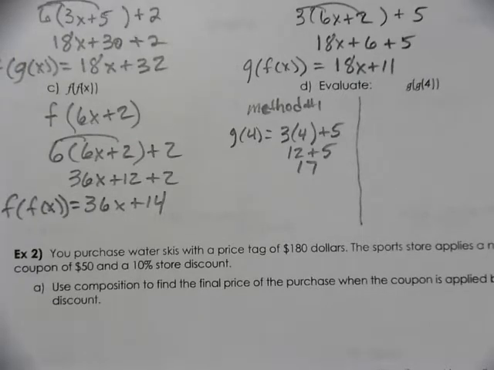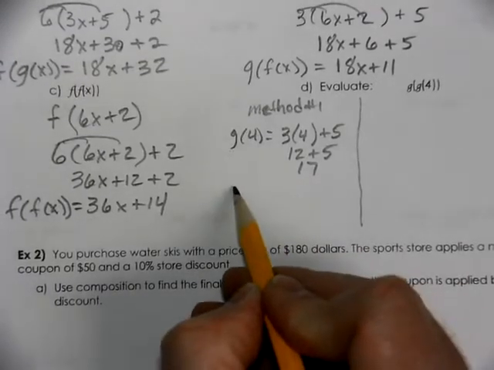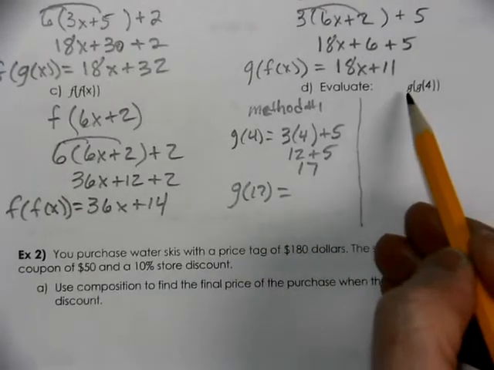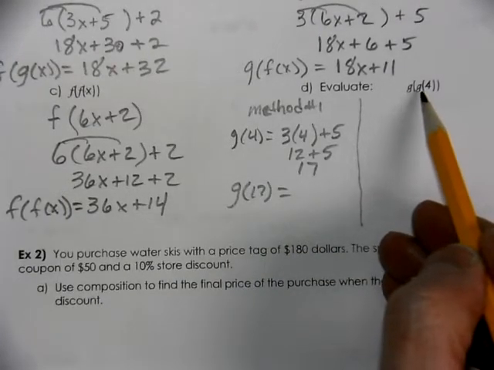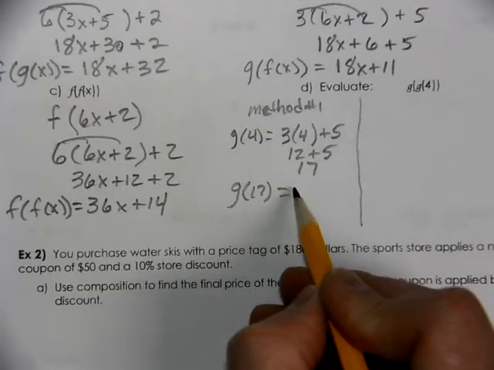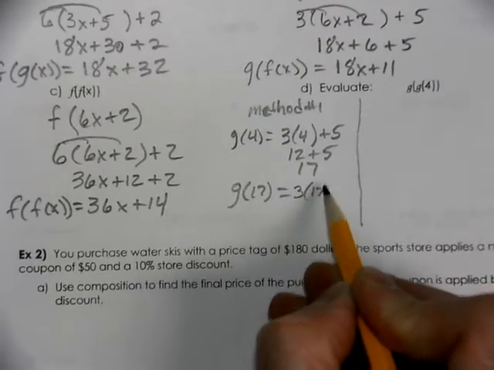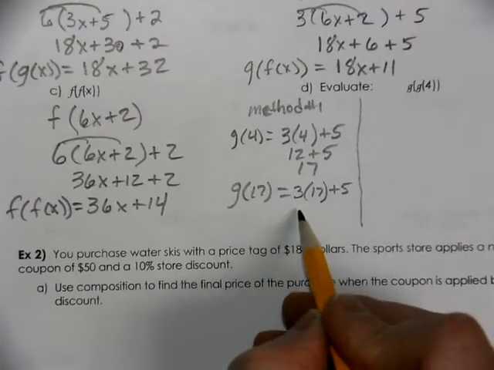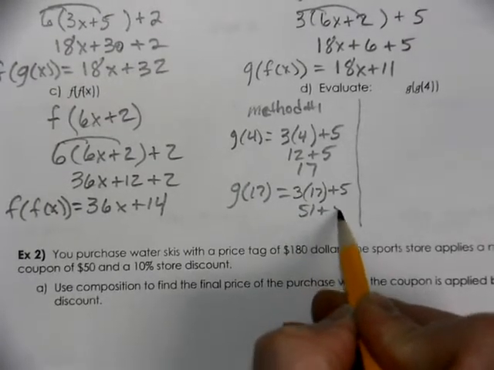Then we're going to take that g of 4 answer, which is 17, and we're going to place it back into the g function. Because this says g of g of 4. So we figured out g of 4. Now we're going to plug that into the g function. So that's 3 times 17 plus 5. That's 51 plus 5.